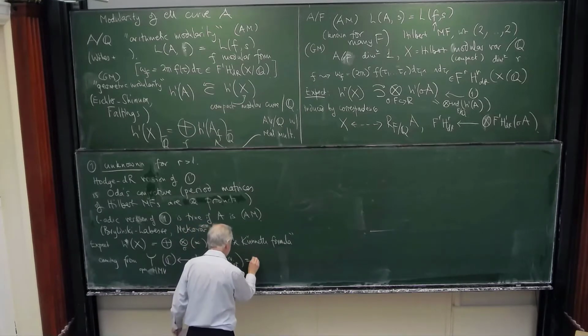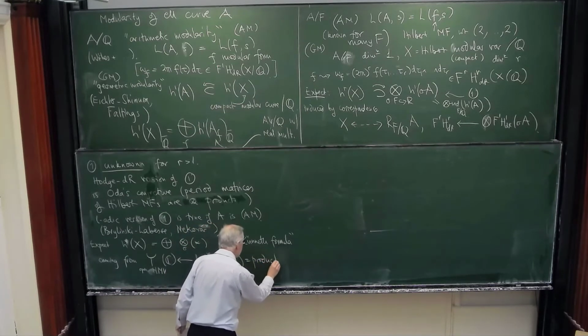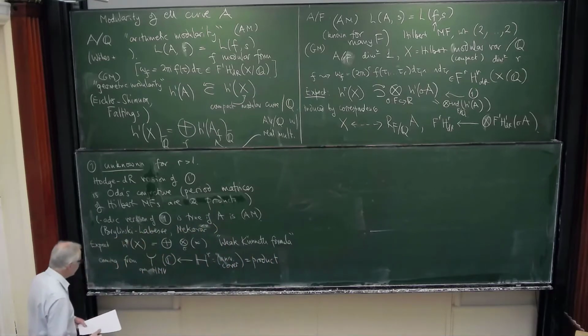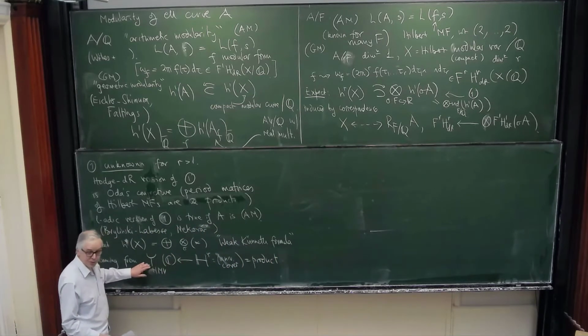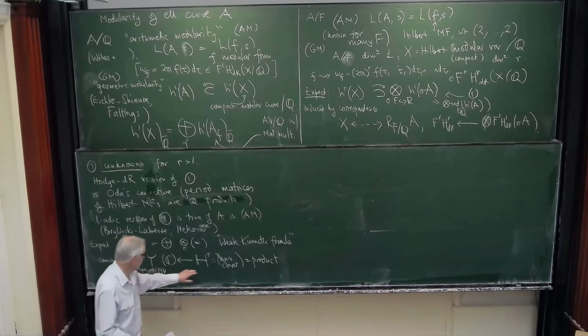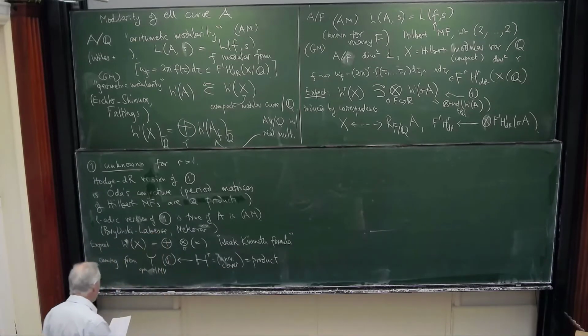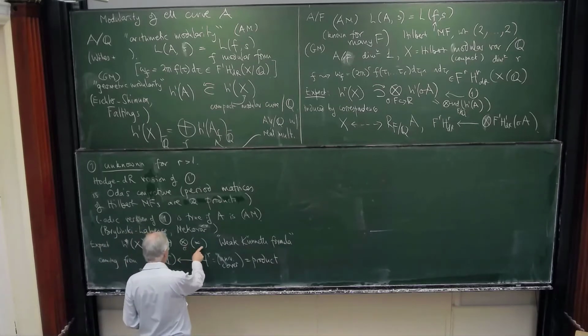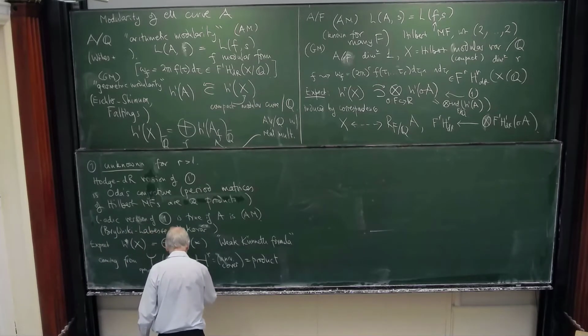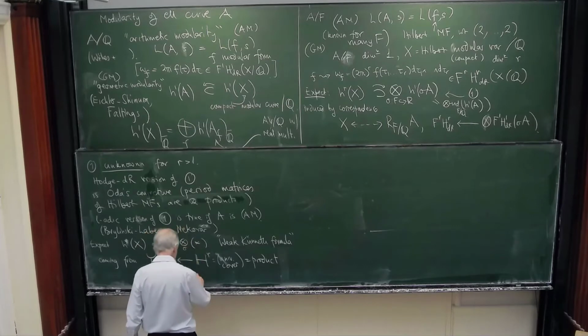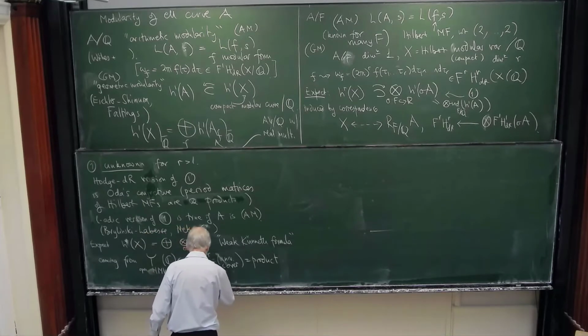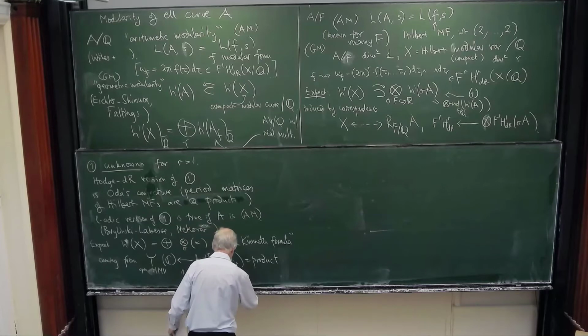But no finite cover of this is a product. The universal cover is a product, and somehow that should have some algebraic geometric meaning. So this is sort of like, these things which you can't see, they're arithmetic quarks.